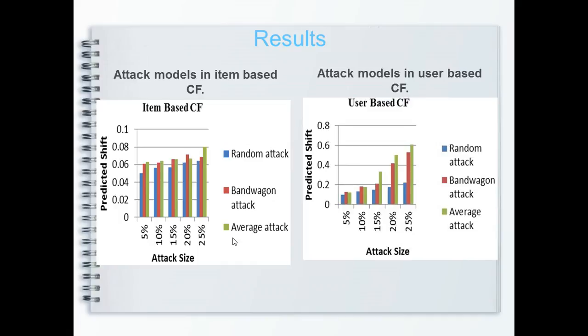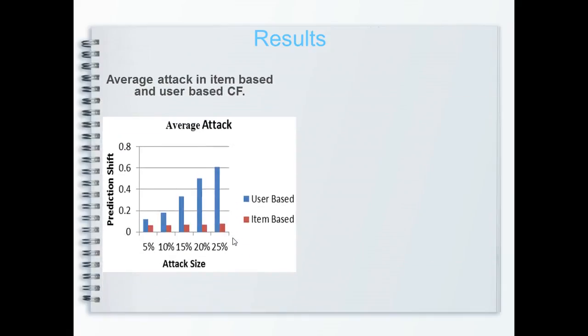Similarly, this graph shows that average attack has more impact on the items in user-based collaborative filtering. From this figure, we can conclude that the user-based collaborative filtering approach is more vulnerable to these attacks.